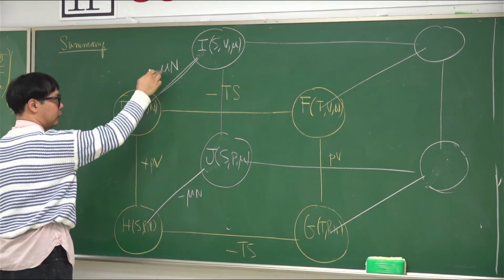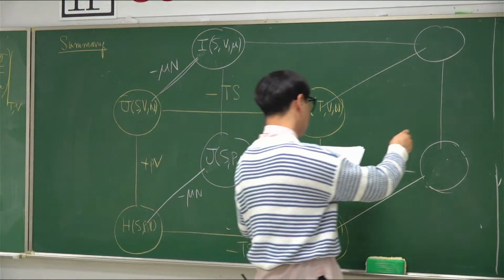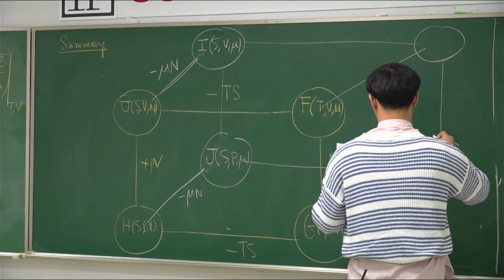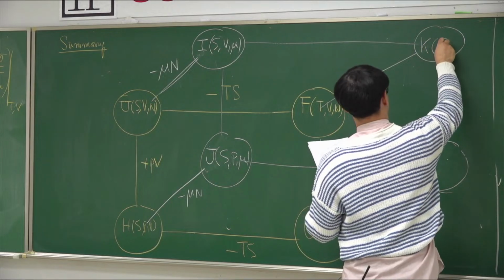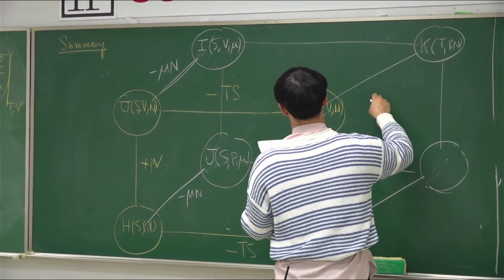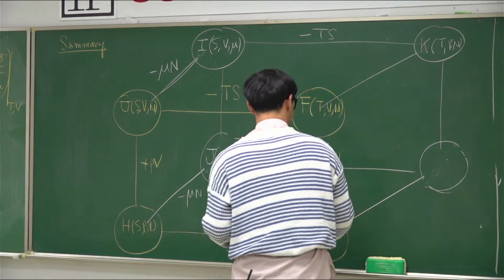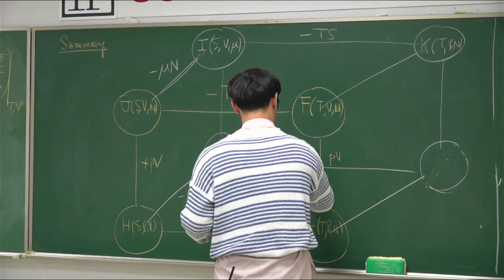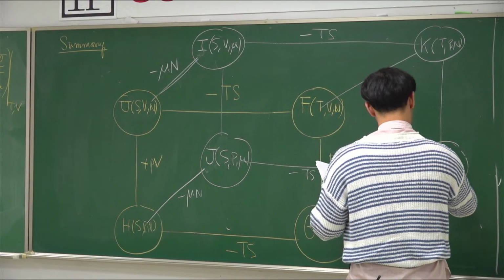And here you will get T P N. It just adds this and then adds this. You will get 0 here.